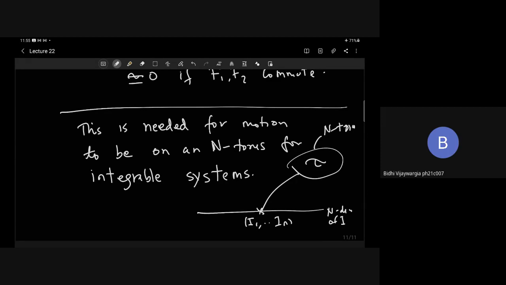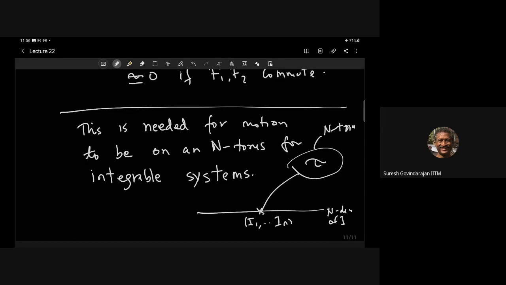When we don't have n constants of motion, like we have a little less than n, like n minus 1, will the motion be on an n minus 1 torus? Yes. It wouldn't be just on an n minus 1 torus, it would be n minus 1 plus 2.